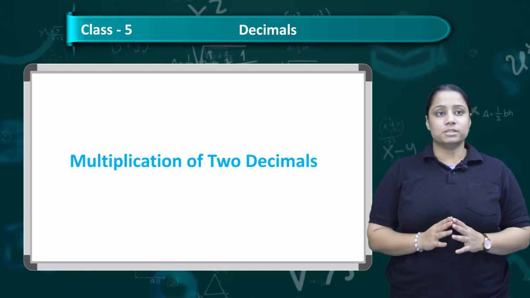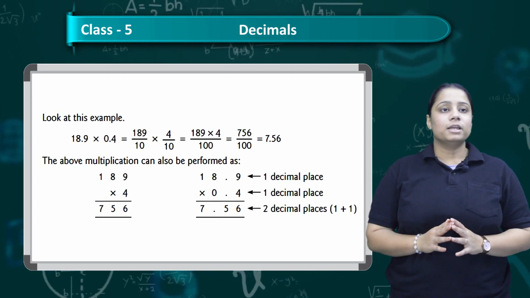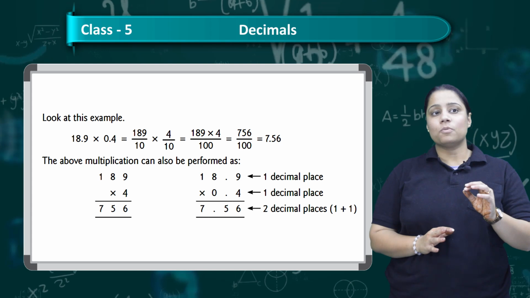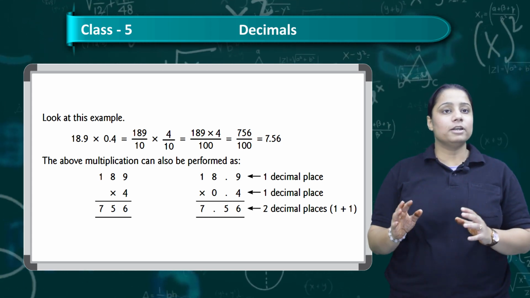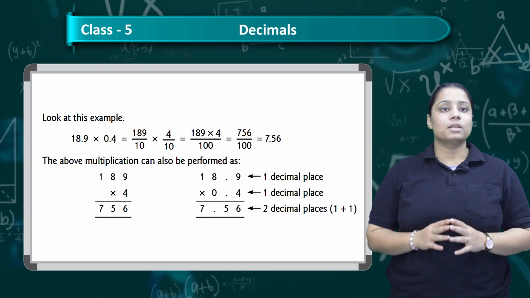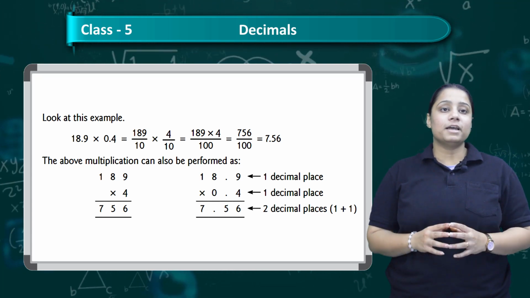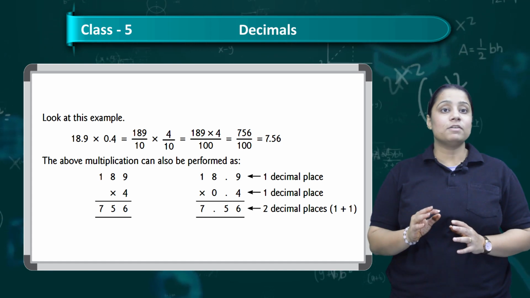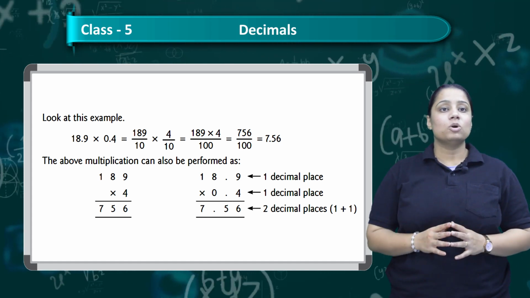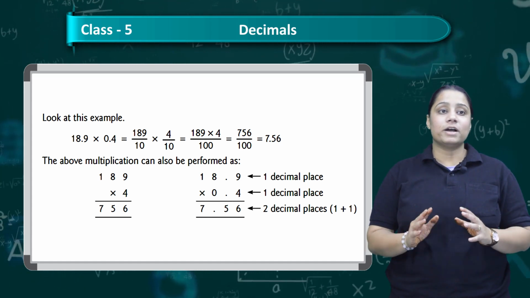Multiplication of 2 decimals. Look at this example. 18.9 into 0.4 is equal to 189 divided by 10 into 4 divided by 10, which is equal to 189 into 4 whole divided by 100, which is equal to 756 upon 100, which makes it 7.56.